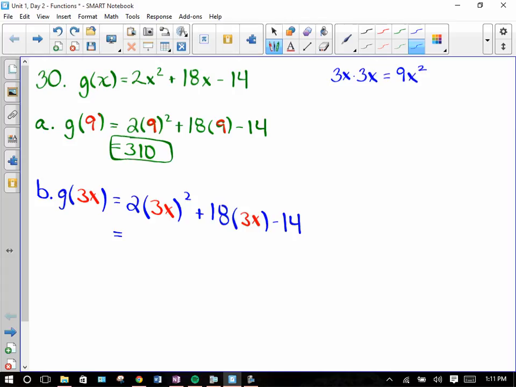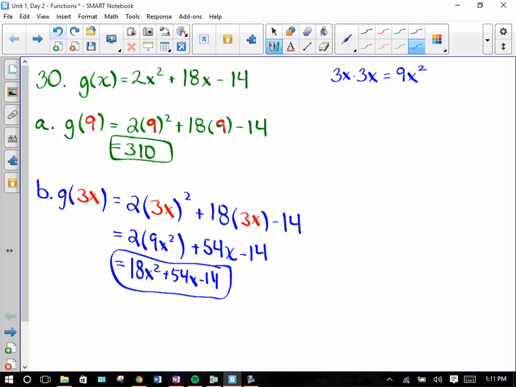So this is 2 times 9x squared plus 18 times 3x, that's 18 times 3, which is going to be 54x, minus 14. Then I simplify the last part, 2 times 9 is 18 with the x squared, plus 54x minus 14, and that is our answer.